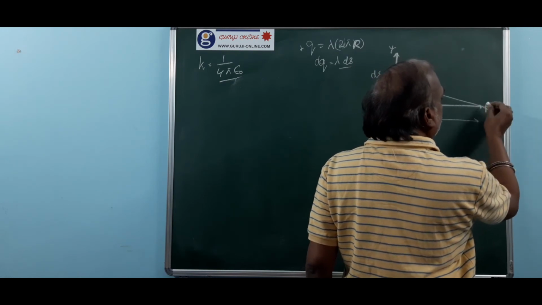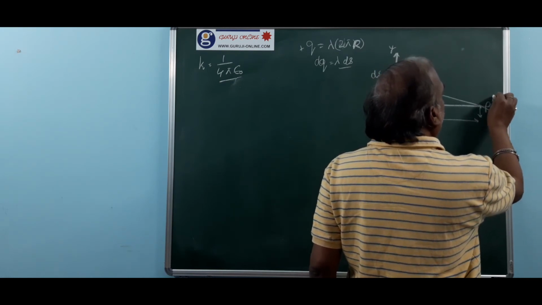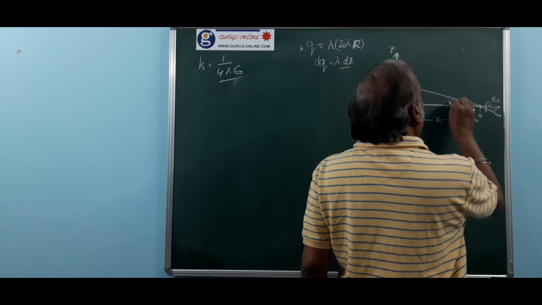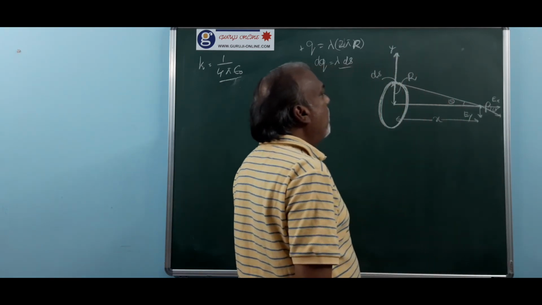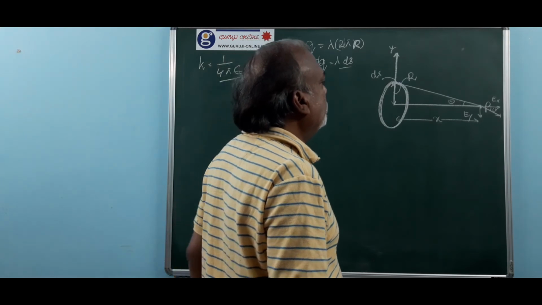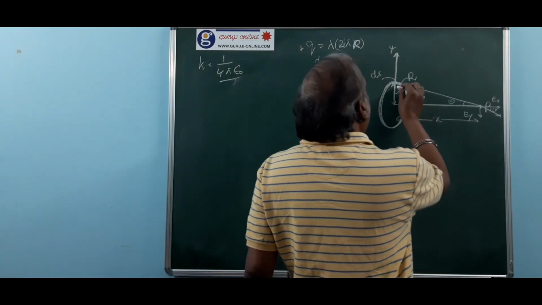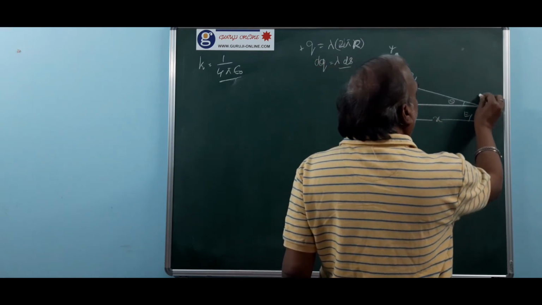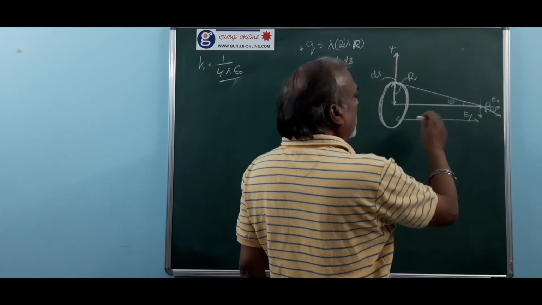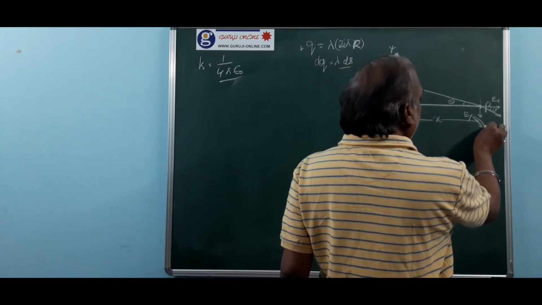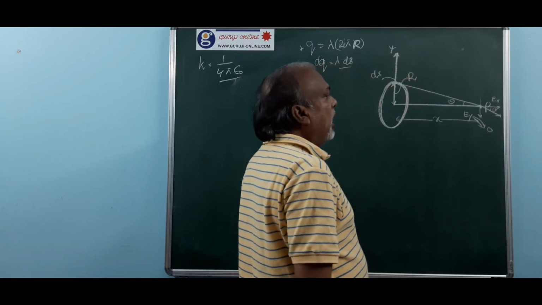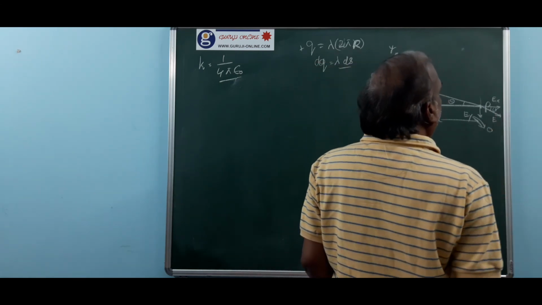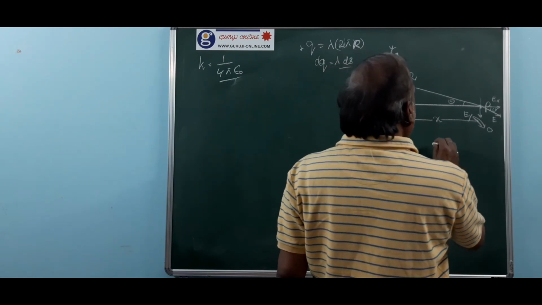It will have two components, Ex, Ey. This is your theta. Due to this symmetry, this Ey component will be 0, and Ex will be basically your main component.